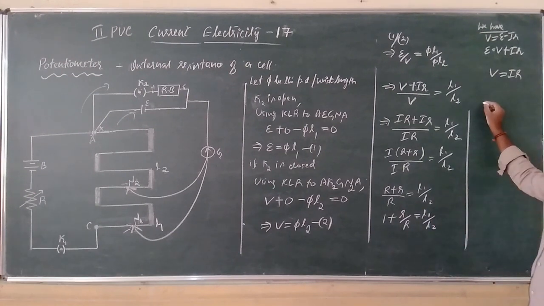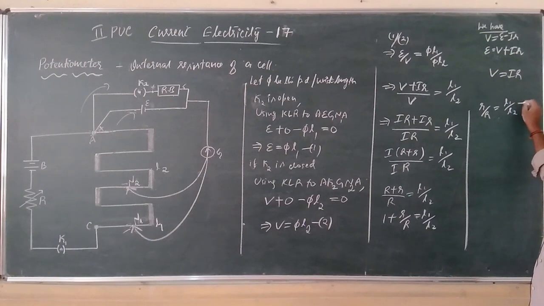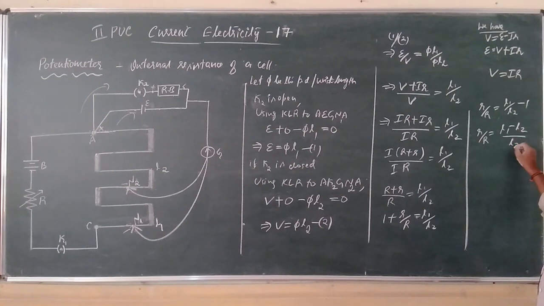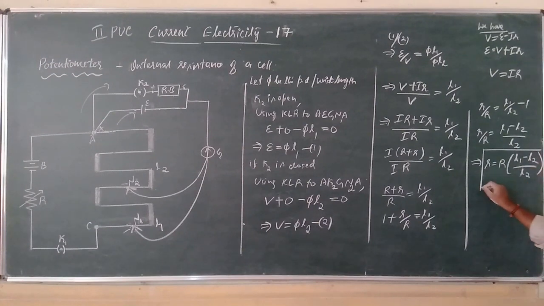Therefore r by R is equal to L1 by L2 minus 1, or r by R is equal to L1 minus L2 by L2, which implies small r is equal to R into L1 minus L2 by L2. So this is the expression for internal resistance.